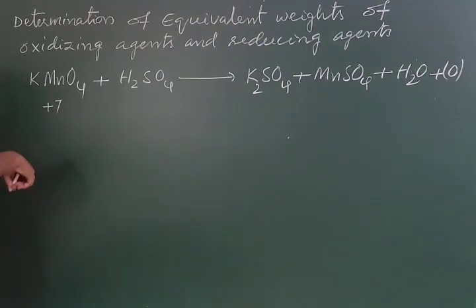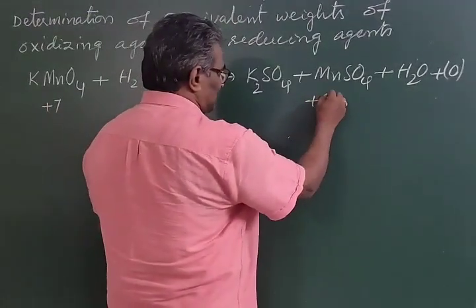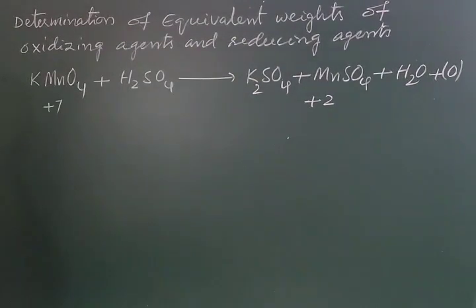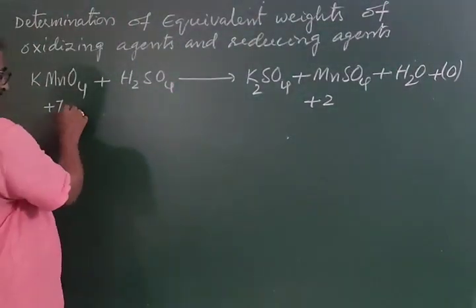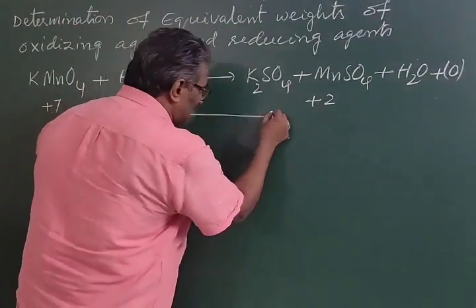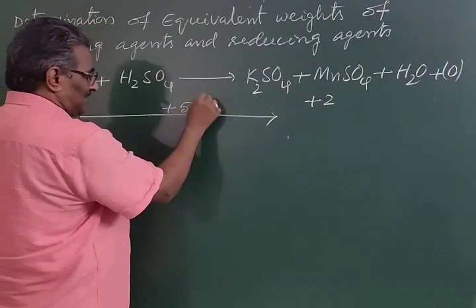The oxidation state of manganese in potassium permanganate is +7. The oxidation state of manganese in manganese sulfate is +2. The oxidation state of manganese is changing from +7 to +2. It gets reduced. This happens by the gain of 5 electrons.